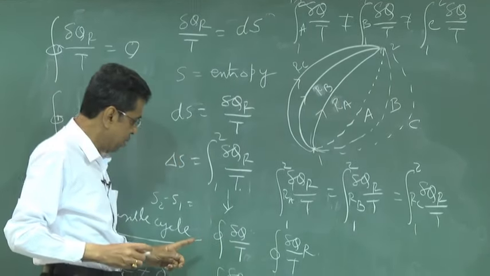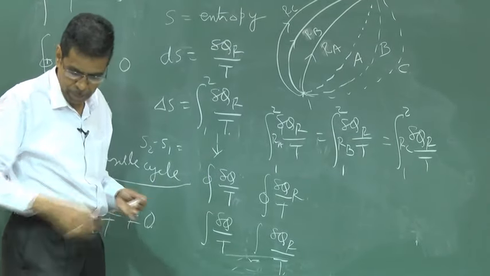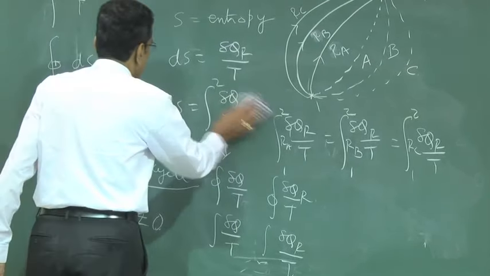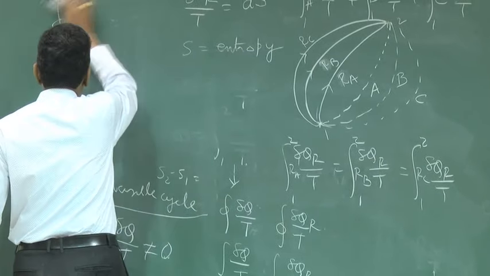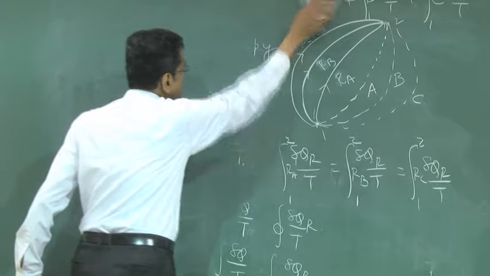Now again, the question comes how it is compared with its counterpart. This question was answered by Clausius and is known as Clausius inequality.